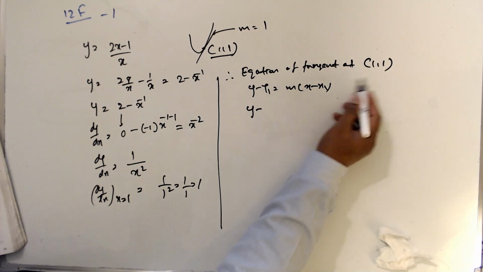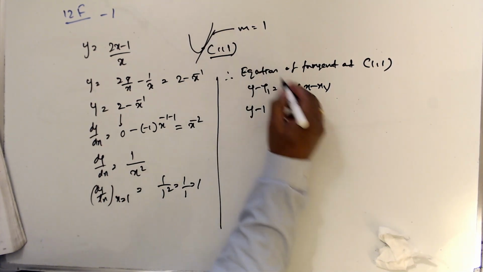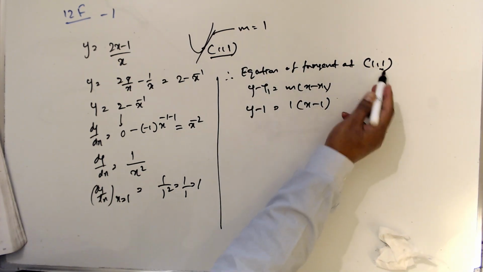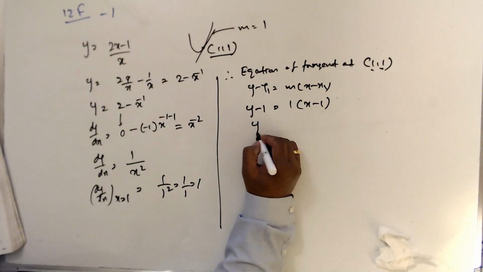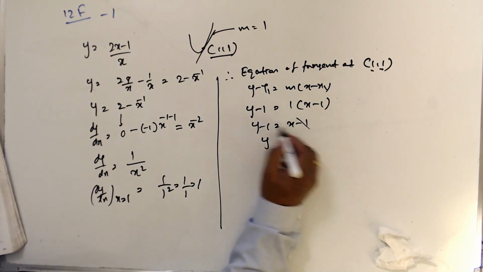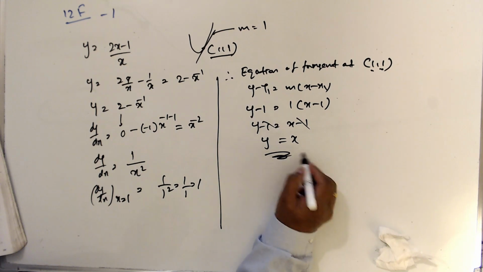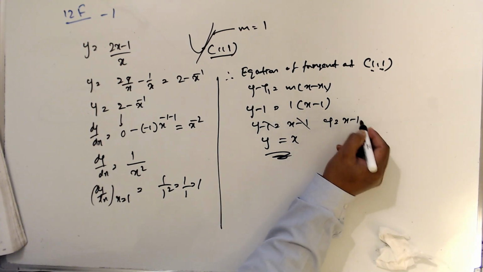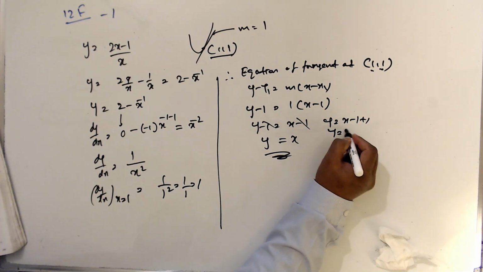Y minus 1 equal m, which is also 1, times x minus, that is also 1. So y minus 1 equal x minus 1. Minus 1 and minus 1 cancel, so y equal x. Or you can write y equal x minus 1 plus 1, y equal x.